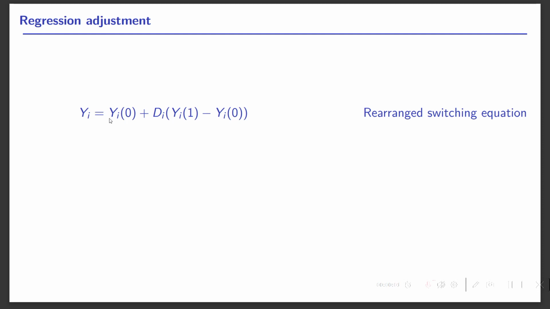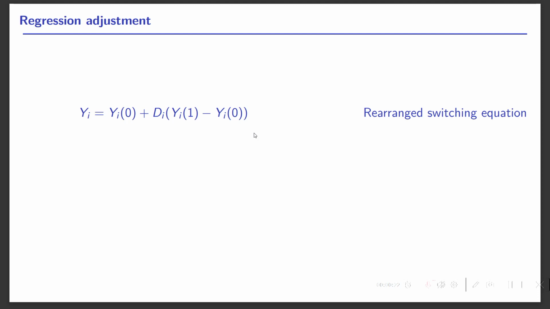Before diving into inverse probability weighting, which is the main topic, I will briefly look at regression adjustment. This method is probably a lot more familiar to you if you're an econ major. We start with the switching equation, which I have slightly rearranged. You can verify that this actually holds in my previous video, but you can also take it for granted here.